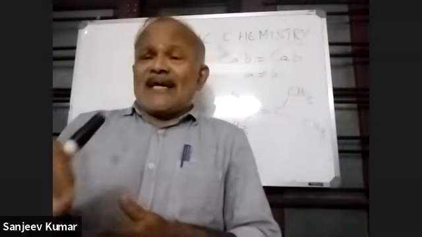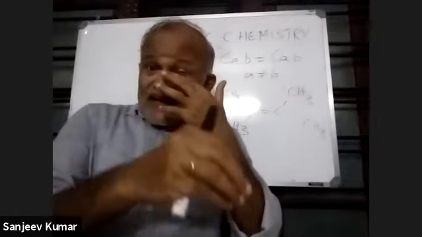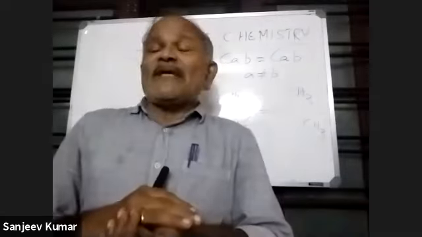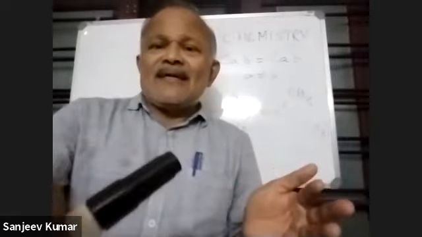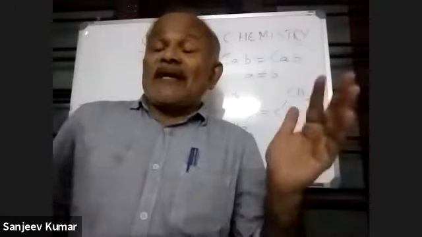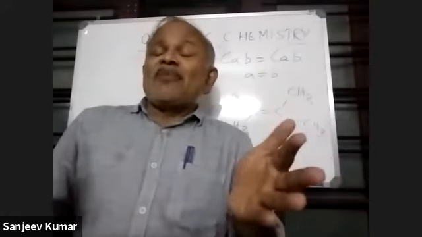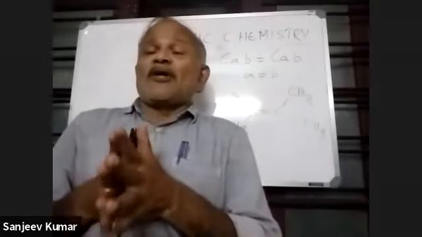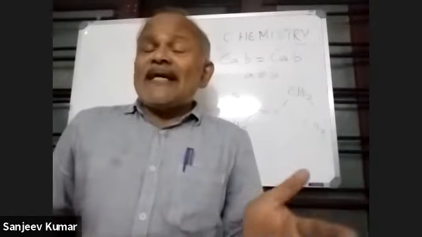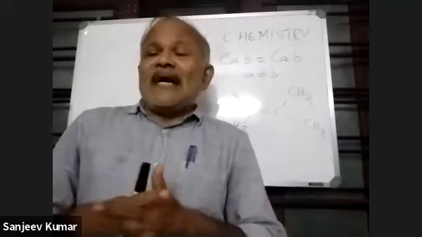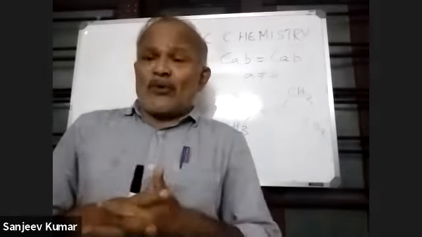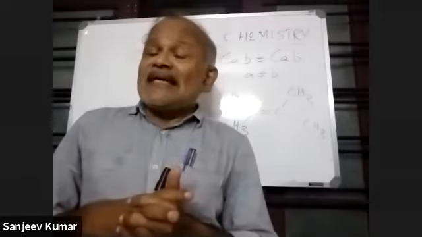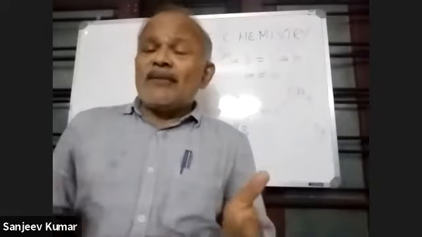The Br radical is added to the first carbon atom, and you will get 1-bromopropane instead of 2-bromopropane. The addition is against the Markovnikov rule, and that is known as the Kharasch effect or peroxide effect.